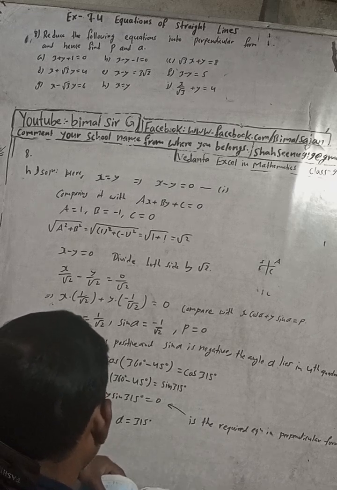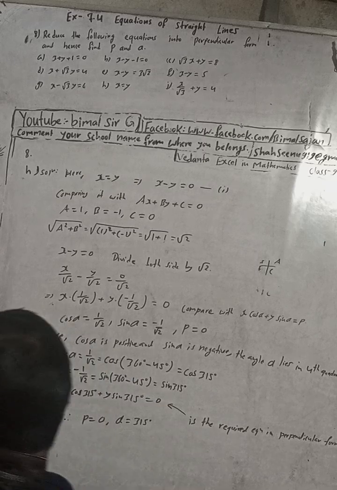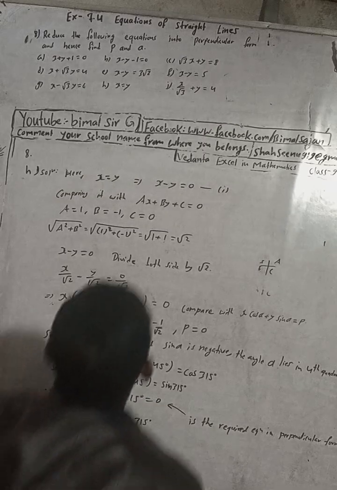Okay, x cos 315 degree, y sin 315 degree equals 0. So now the last number is remaining. Okay, I number.